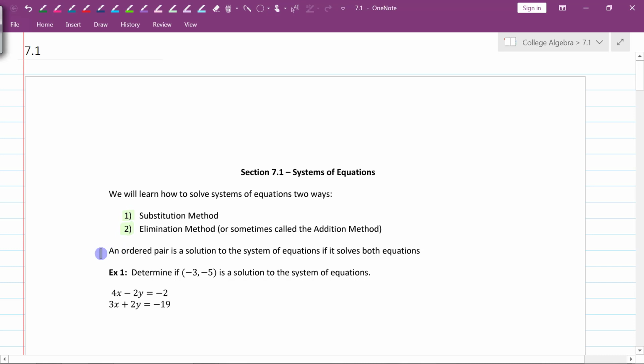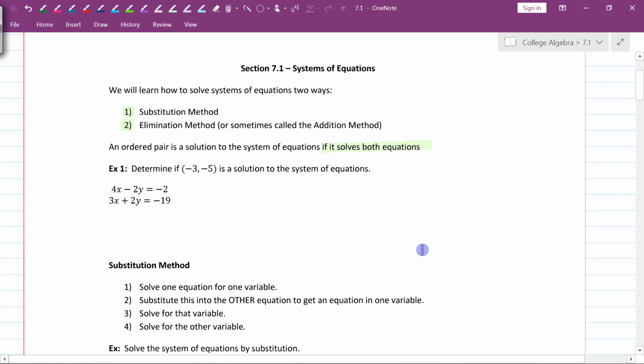Let's first, though, check to see how we can tell if a point is actually a solution to the system of equations. An ordered pair is a solution to the system of equations if it solves both equations. So when I look at a point, it has to solve or satisfy each equation, not just one.